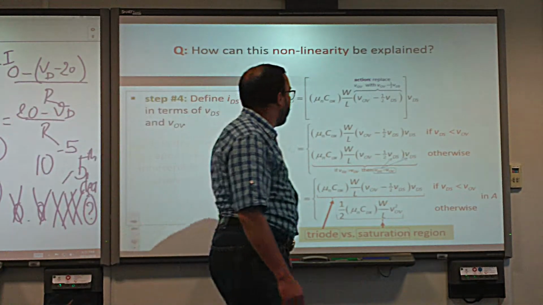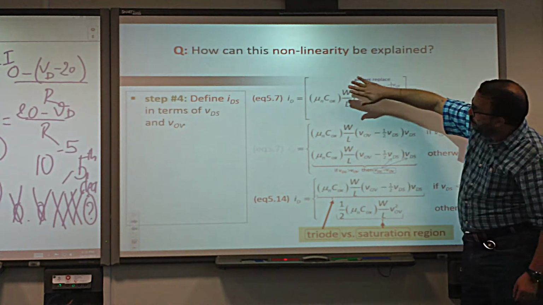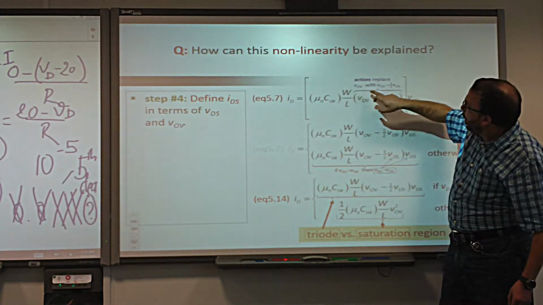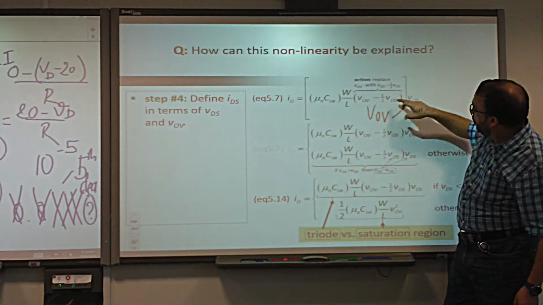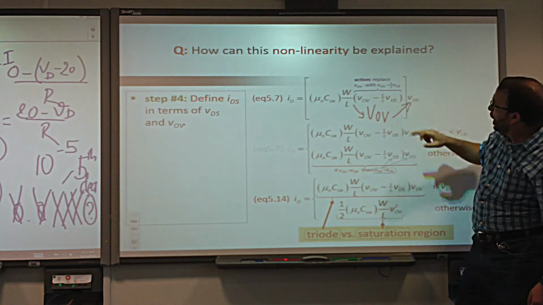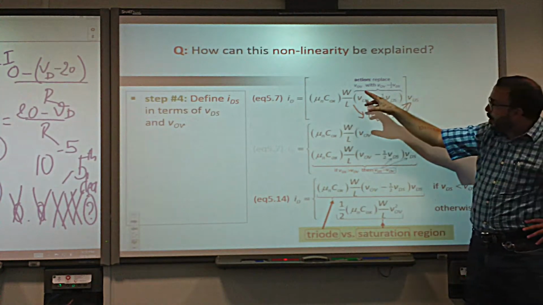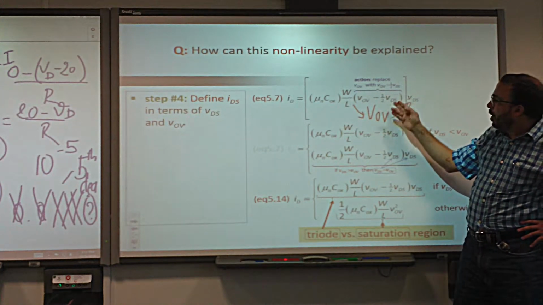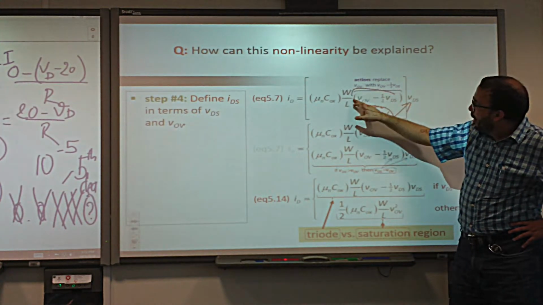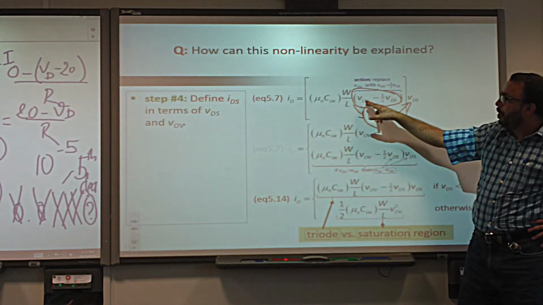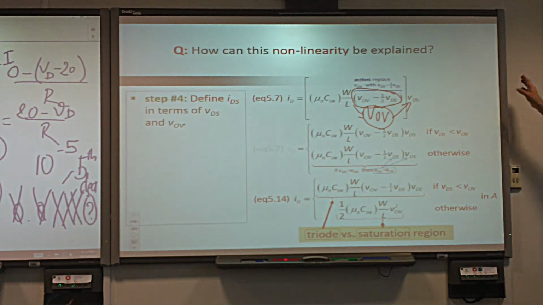Now, in the previous equation we had this parameter multiplied by V overdrive, and then multiplied by VDS, if you remember this, when VDS was small. Now, because VDS is not small anymore, we have to replace the overdrive voltage by the average voltage of the channel, which is going to be V overdrive minus half of VDS, okay?